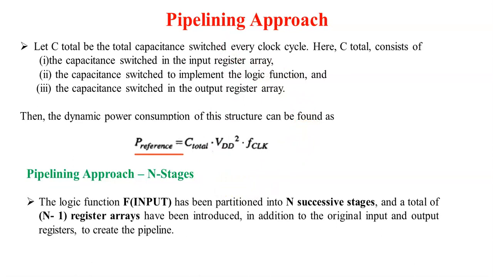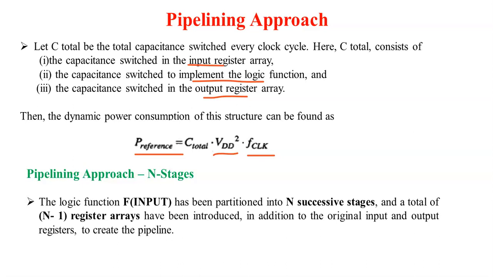The single stage power is equal to C total into VDD squared into F clock, which is the dynamic power dissipation of the circuit. Here C total is calculated from the capacitance of the input register, the capacitance of the output register, and the capacitance of the logic function. The supply voltage is given to the logic function, so we have VDD squared, and the clock is given to the registers, that is the F clock.